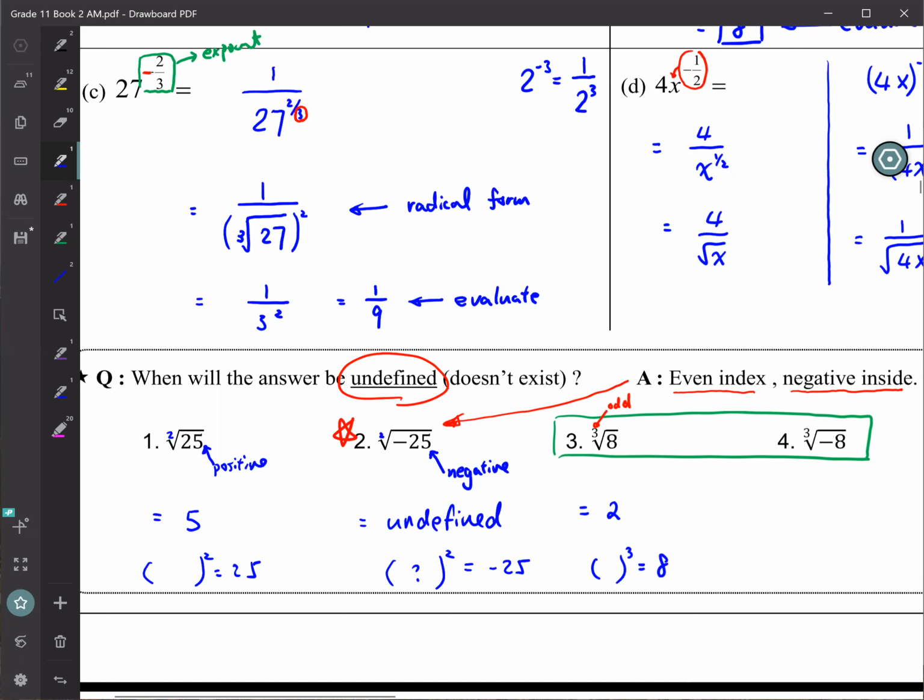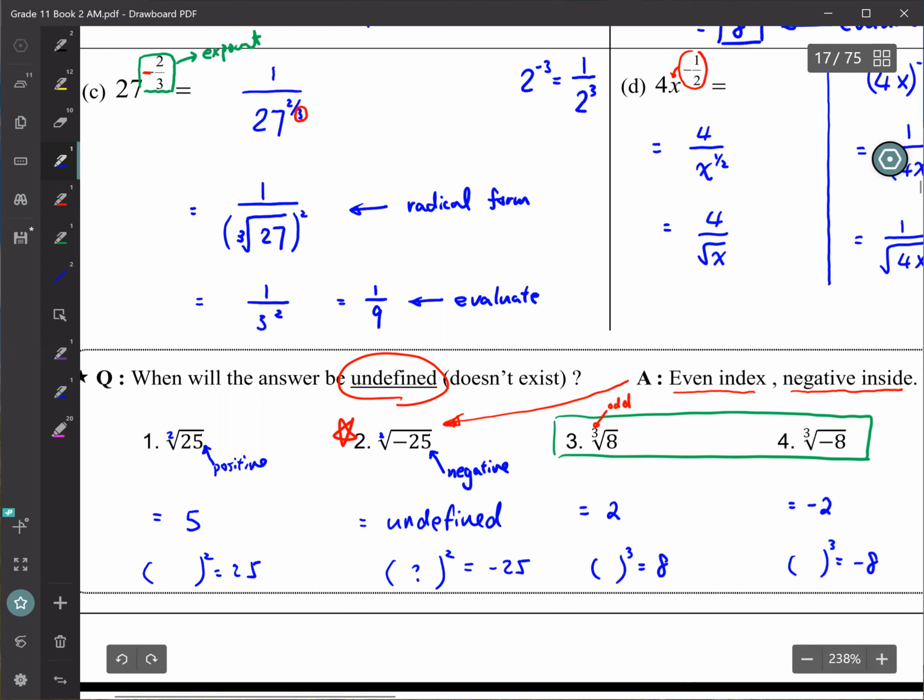Okay, for the next one, you have a negative on the inside, so we are looking for something cubed that will be negative 8. What number will work, Nathan? Negative 2. Yeah, negative 2 is possible. So it'll be negative 2.